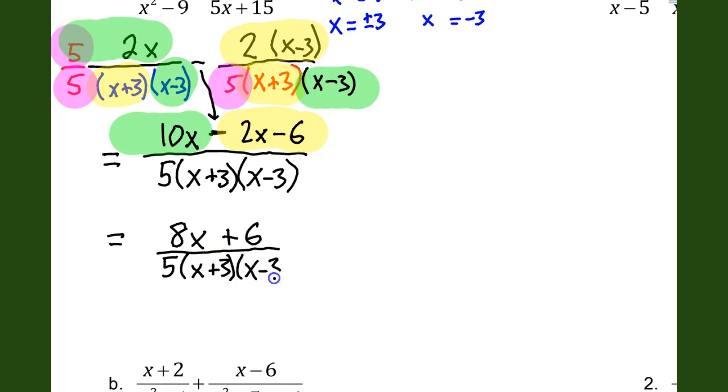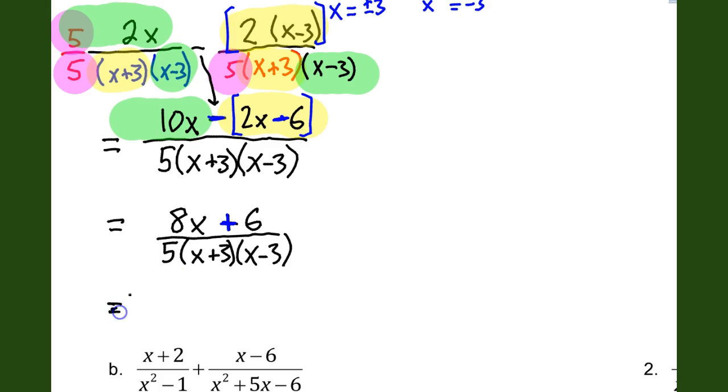And I purposely left this off, that you're really subtracting all of this. So to do this properly, I should be putting parentheses here. So it's minus negative 6. That's why this is plus 6. Very easy to miss and forget and put a minus there.